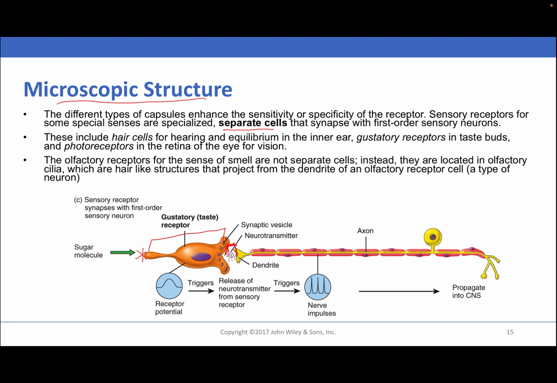Once that happens, this is going to trigger the release of neurotransmitters, which will diffuse across that synaptic cleft, bind to those dendrites, and spark up our action potential. This is going to propagate along that sensory neuron. Gustatory receptor cells that make up your taste buds, as well as photoreceptor cells in the retina of your eye, for vision, are both really great examples of these.